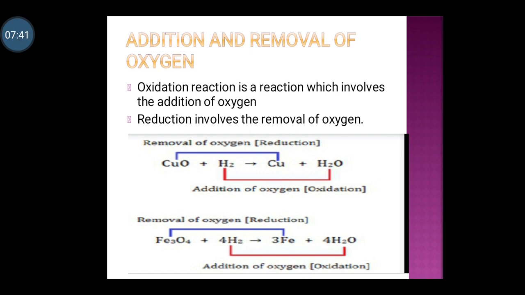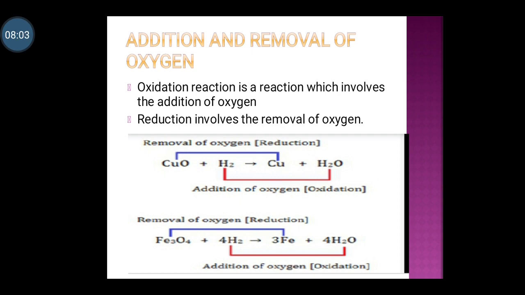Now, if you look at the blue line from copper oxide to copper, you would observe that at the end, the product is copper. The oxygen was removed. So that process is called reduction because oxygen was removed from copper oxide.